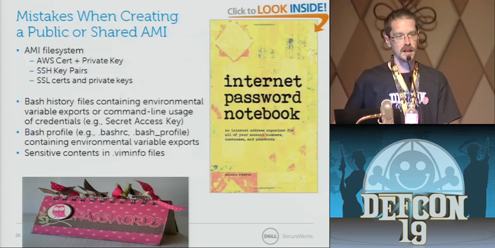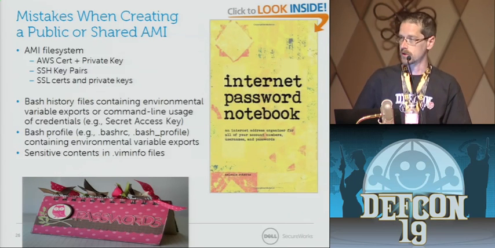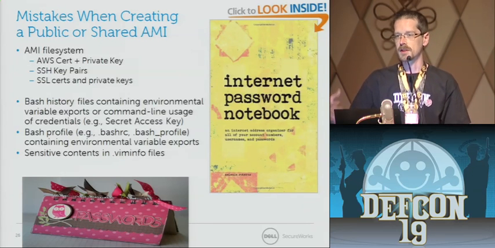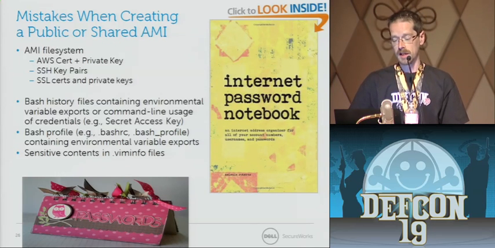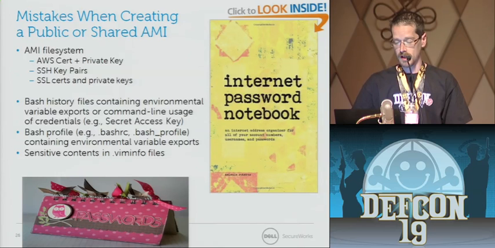There are also other ways to leak information. Bash history files are a big one. If you run the image as an instance yourself, do any sort of work on it, and then make a public image out of it, that bash history might expose that, and it might also expose some of the credential materials that you've used.